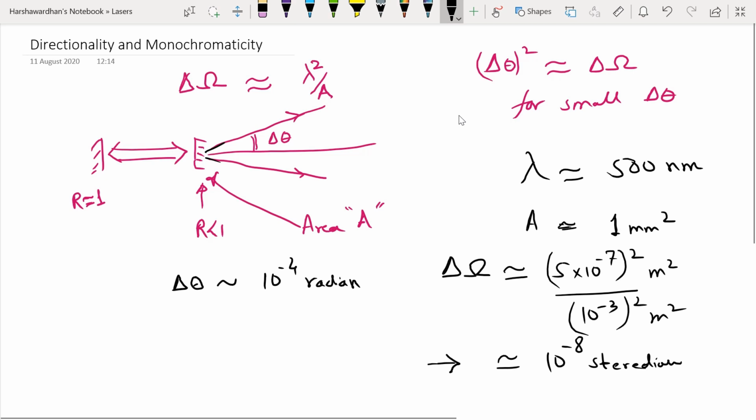But if I'm looking at even a 1 milliwatt laser directly falling on the retina, that can cause sufficient damage. This is precisely where the notion of brightness comes in. We will calculate this later, but let us now look at the other aspect, which is monochromaticity.